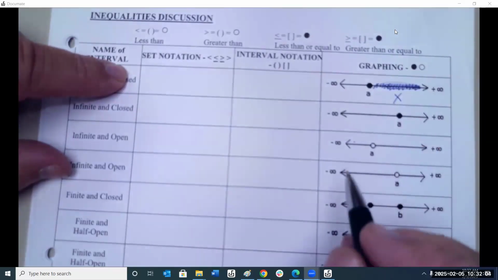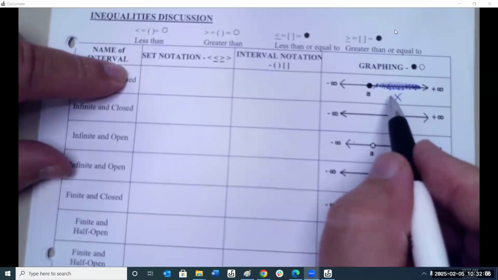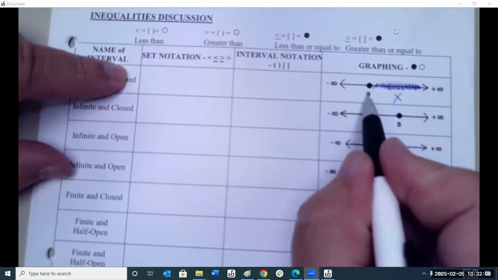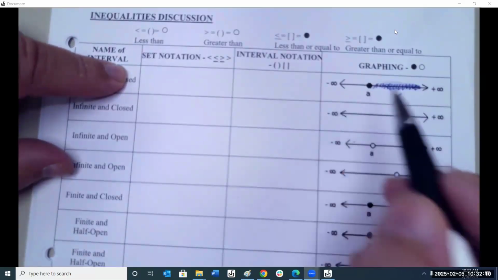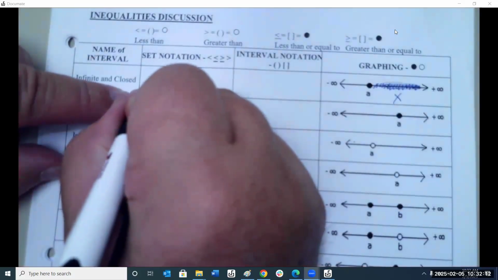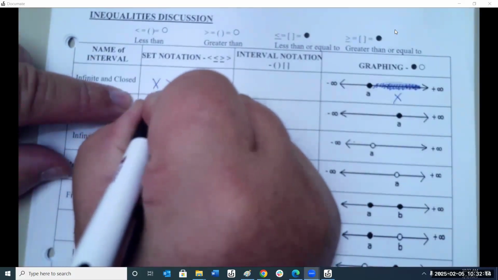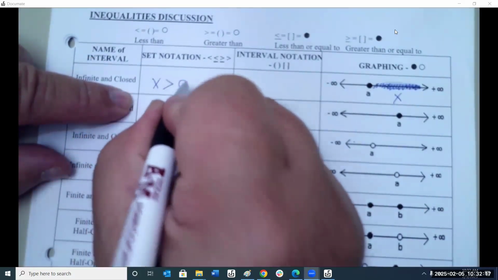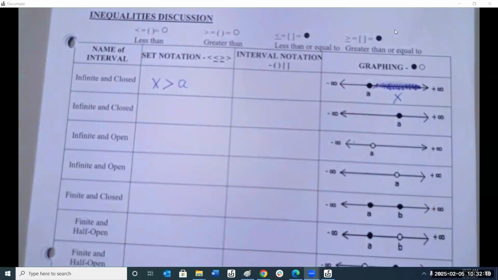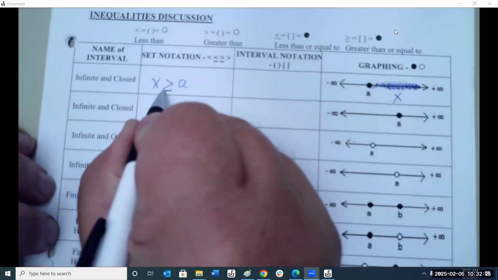X. Since X is to the right of A, it tells us that X is greater than A. Can I include A? Yes, because it's a solid dot, it's greater than or equal to A.